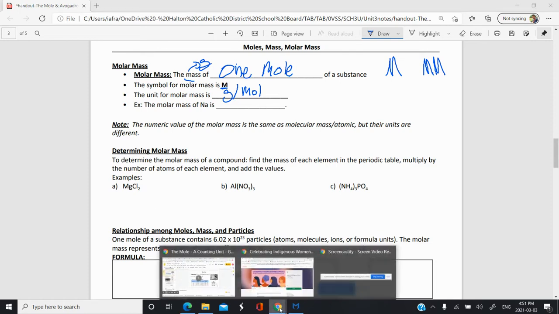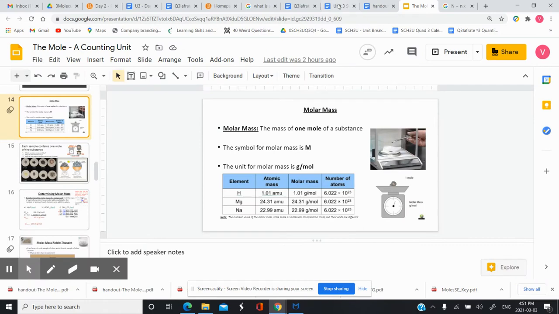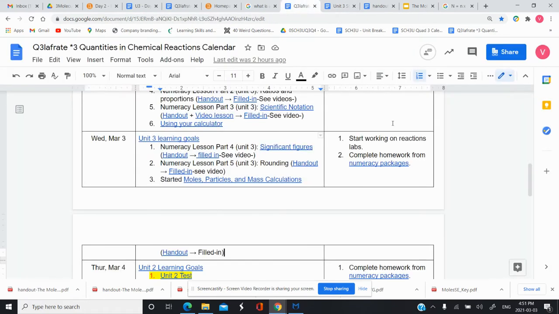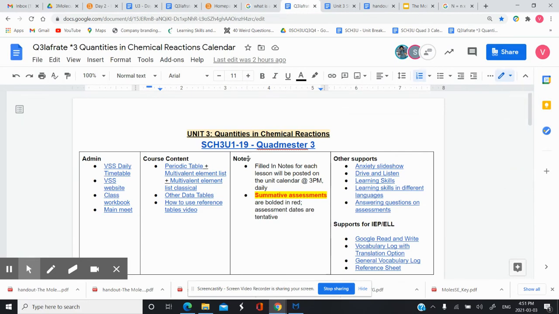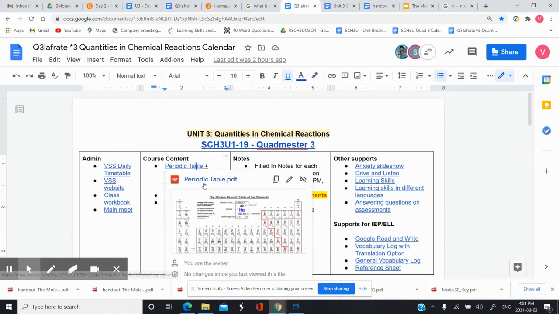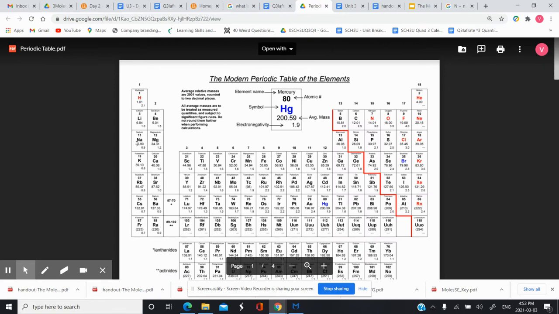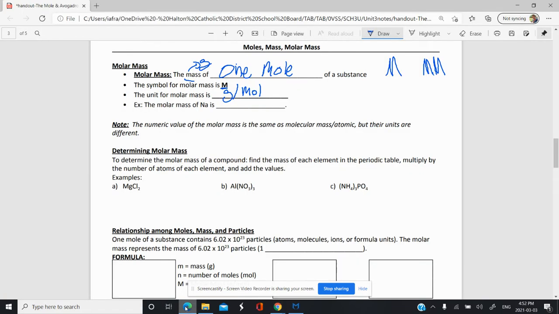So let's say we were to go to your periodic table. Let's go to our unit 3 calendar here and open up our periodic table of elements. If we go to sodium, we can see the mass of sodium is 22.99. What that means is that's our molar mass. Our molar mass is actually going to be 22.99, but instead of AMU, we're putting grams per mole.